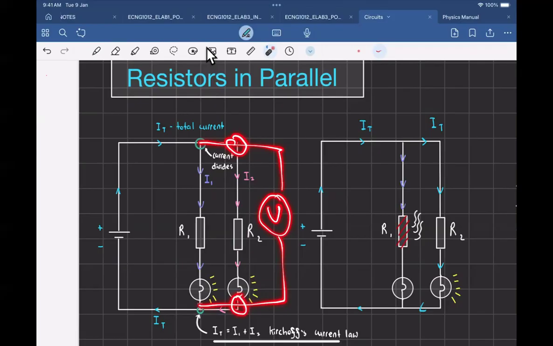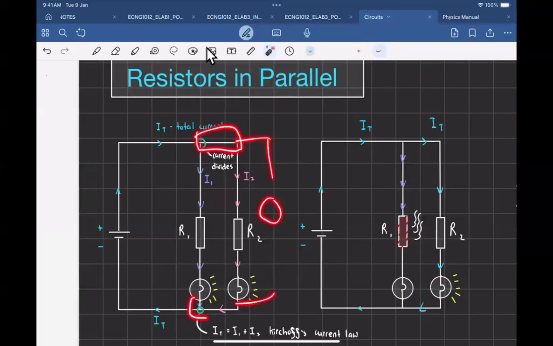Measuring the voltage from here to here is the same as measuring from here to here, because they are connected. So the voltage across R1 will be the same for R2.